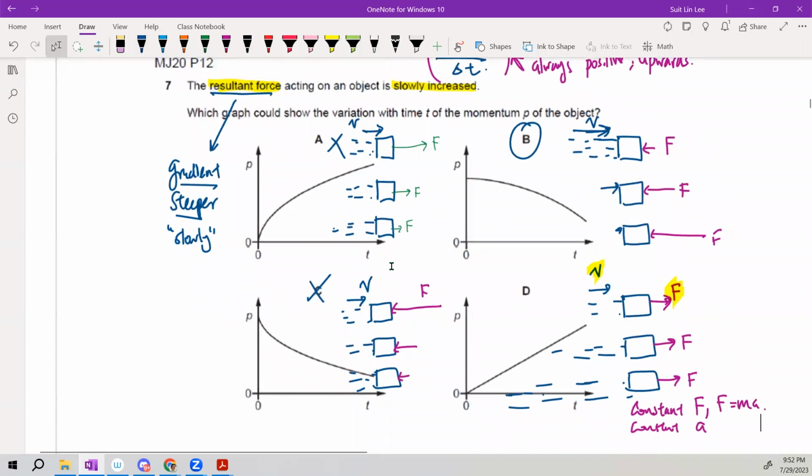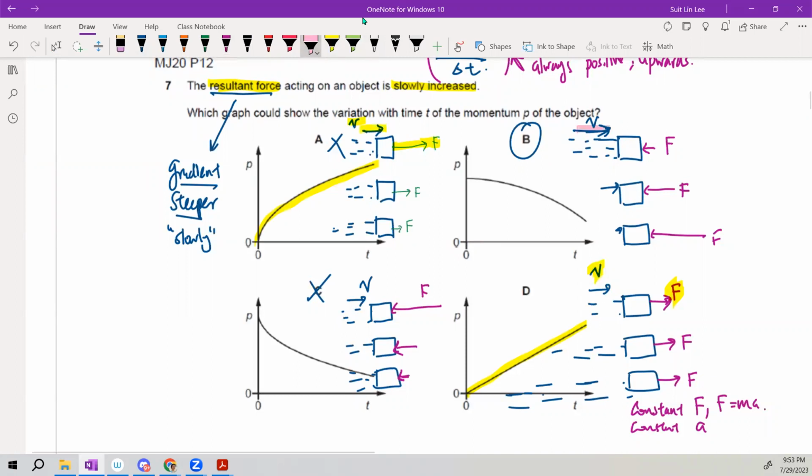So in other words, whenever you are not sure which graph it is, because you don't have context, you don't know which direction the object is moving, you also don't know whether it's speeding up or slowing down, in this case, use the gradient. But because I know the difference between velocity and force, I know that they will be in the same direction if the velocity or the momentum increases.